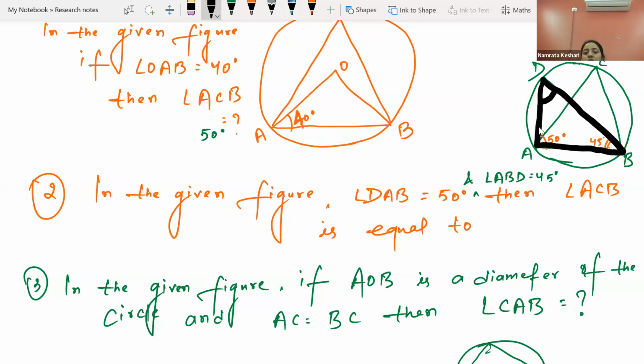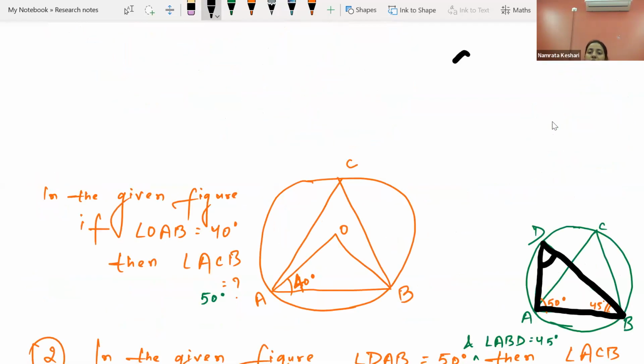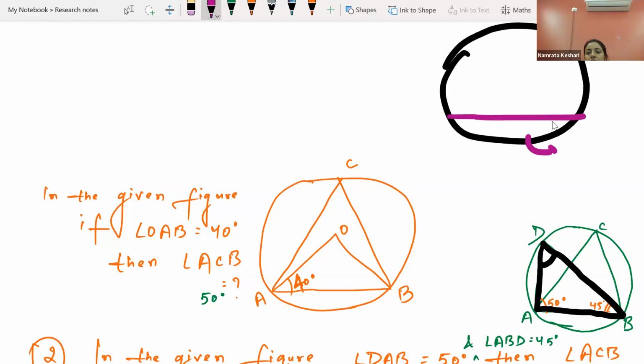Because in a circle, if you are having angles in the same segment, suppose you are having a chord like this, so this is a segment, this is another segment. And if two angles are created both on the circumference in the same segment, then both the angles will be equal, like this angle and this angle will be the same, created by the same arc and in the same segment. Yes or no?